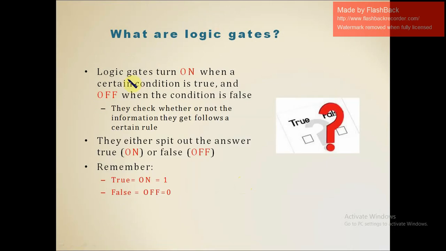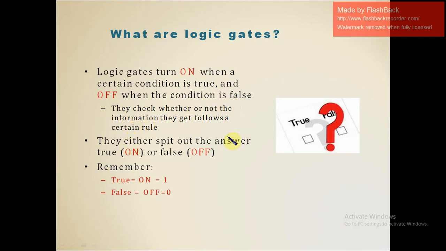Now logic gates turn on when a certain condition is true. When it turns on, we call that the true condition, and when it is off, we call that the false condition.